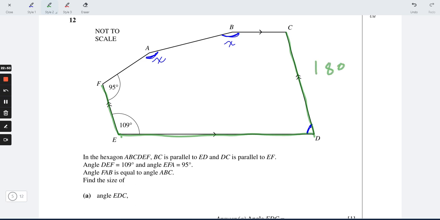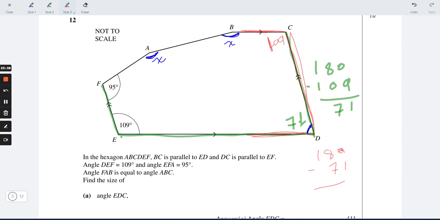So 180 minus 109, this is 71 degrees. Here also we have parallel lines, and the angles in between are supplementary. So 180 minus 71 gives 109. So EDC is 71.